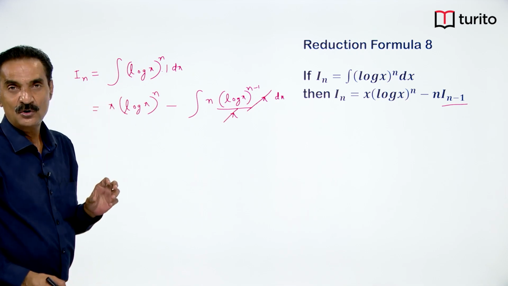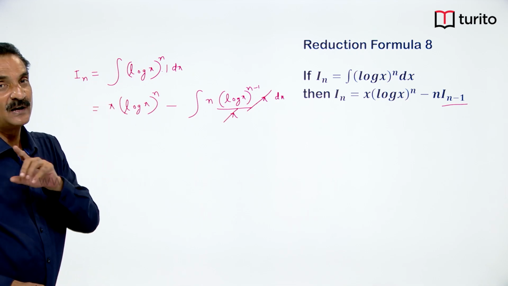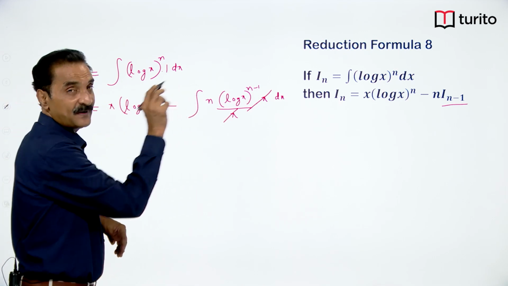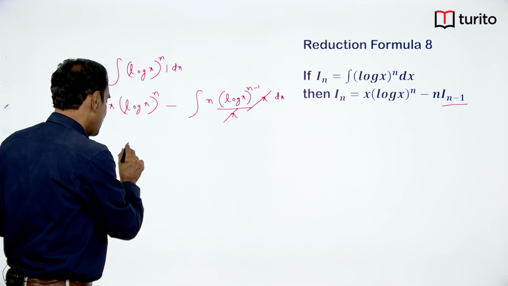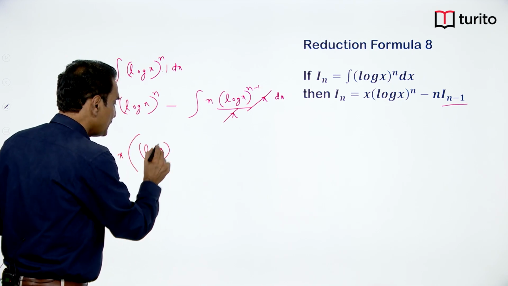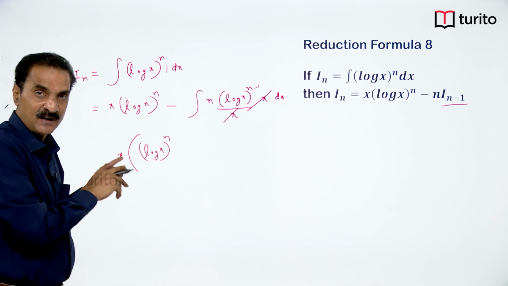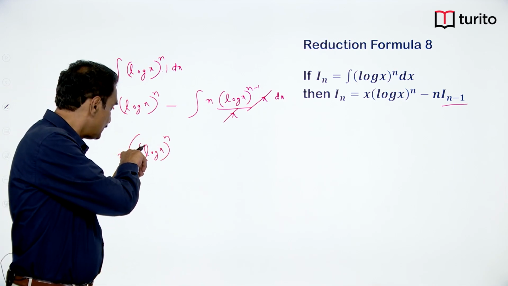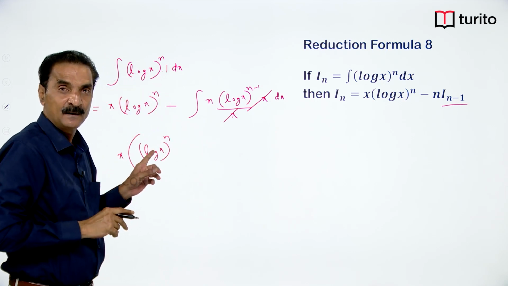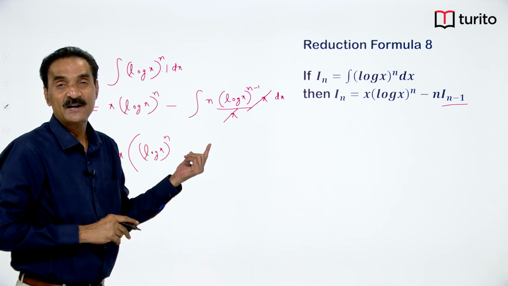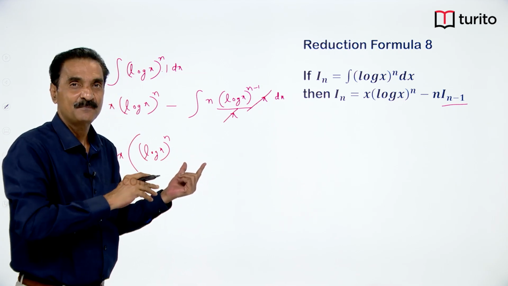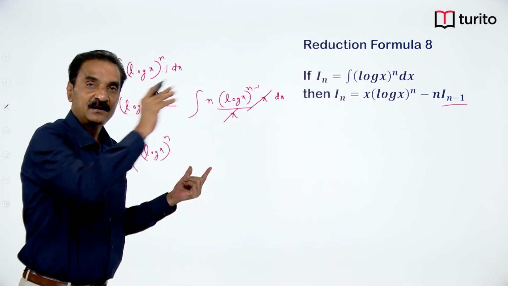In this case also we can write the integral of log x whole power n in one step. X will be there in every integral, so it will be x into log x power n. Starting from here, you write plus, take plus minus signs alternately and go on differentiating log x whole power n with respect to log x, till you get a constant.